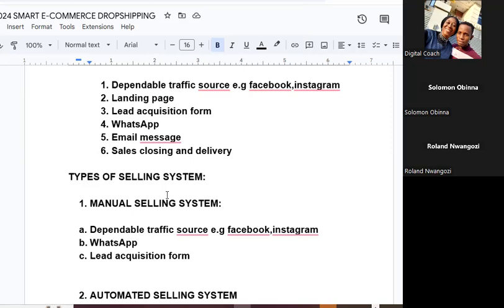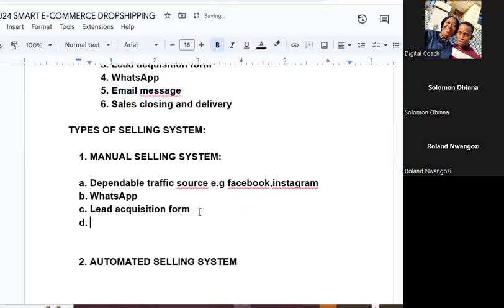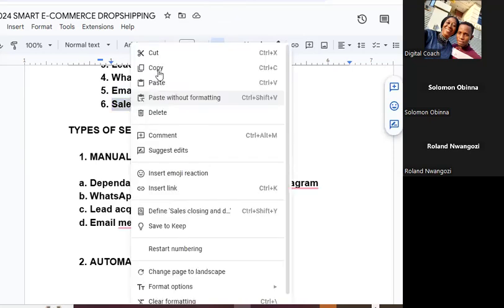Once they come into your WhatsApp, you send them the lead acquisition form. They fill the lead acquisition form, and then you will get an email telling you, hey, someone has made an order for your product. I'll show you how it works. And then you can go ahead and make your confirmation call for delivery to take place.